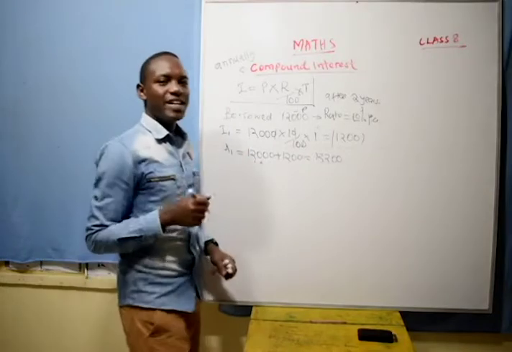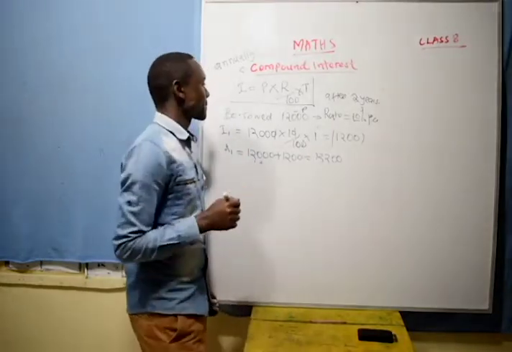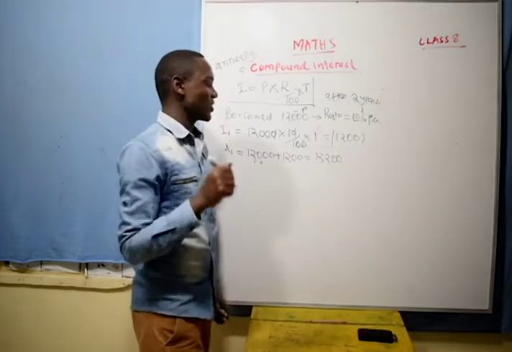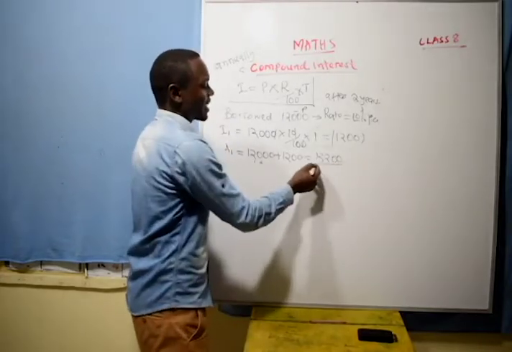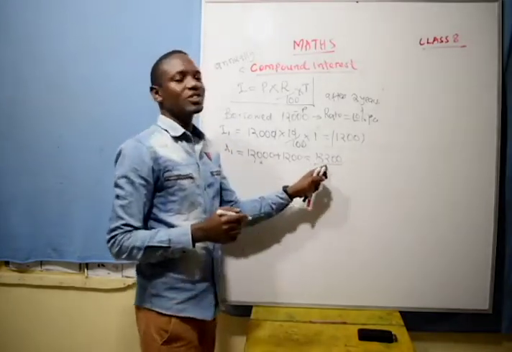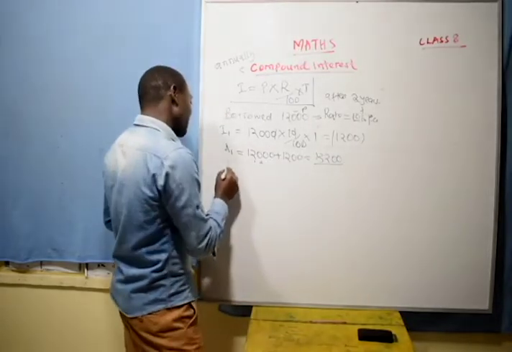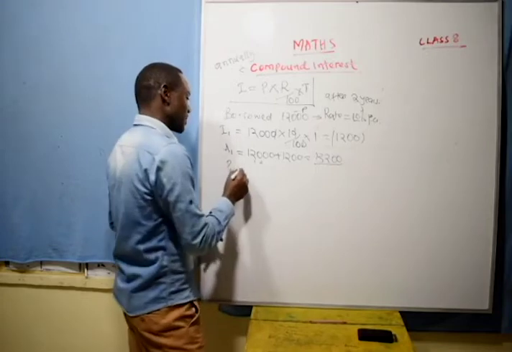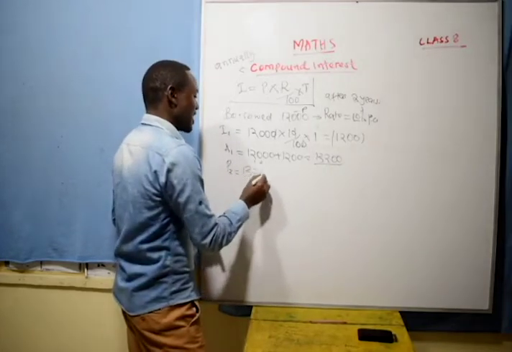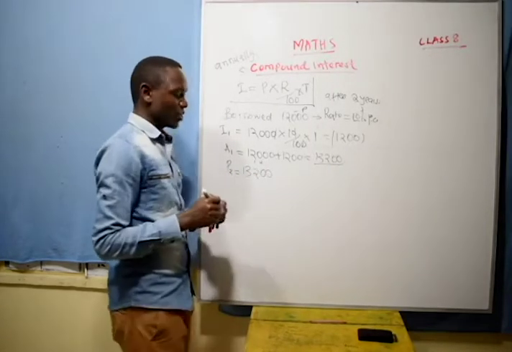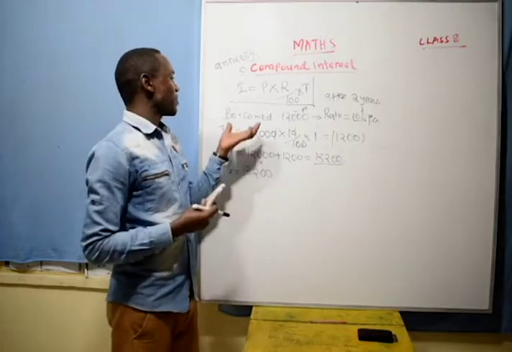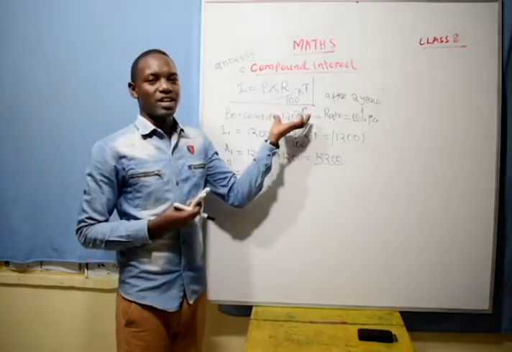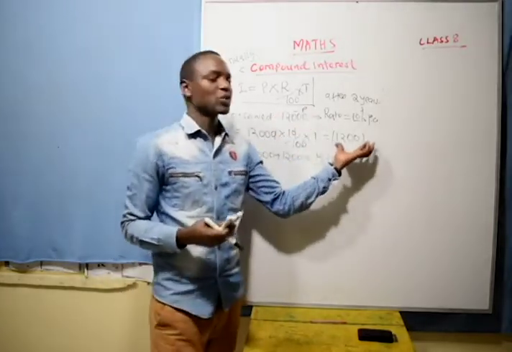So at the beginning of the second year, the amount of money that you'll have borrowed is 13,200. So that is the second principal, 13,200 shillings. Because remember, the 12,000 you borrowed has earned you 1,200 shillings.